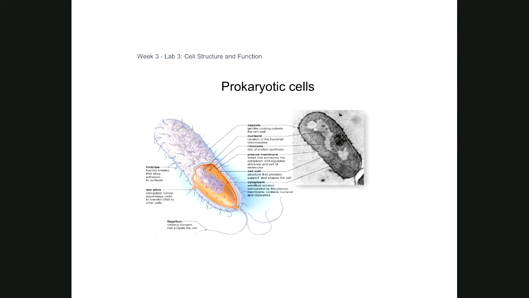Here's a picture of a bacterial cell. This is a transmission electron micrograph, and this is just an artist's rendition. Okay, and they have a cell wall, they have a cell membrane just underneath the cell wall, but then they do have a nucleoid, which is a region where they have their genetic material, but it's not bound by any membrane.